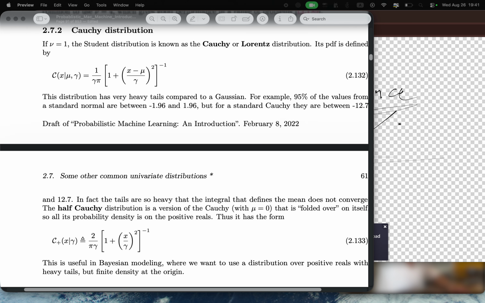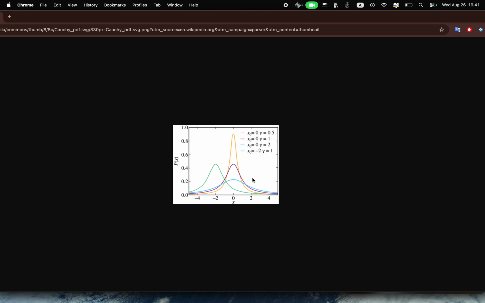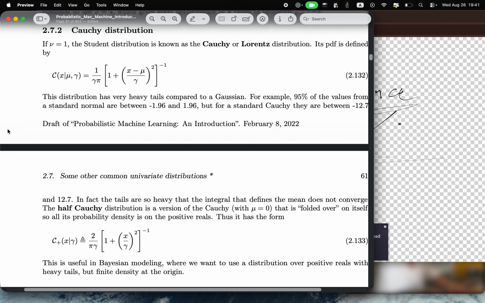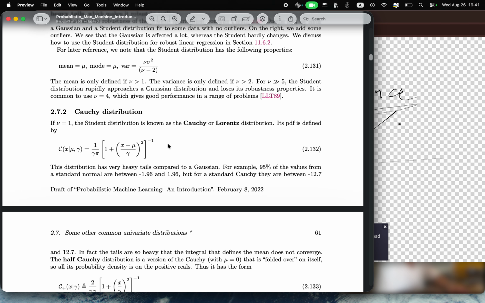It is a skewed distribution, and you can think of it as changing shape like this. It will show a different shape based on the parameter gamma.